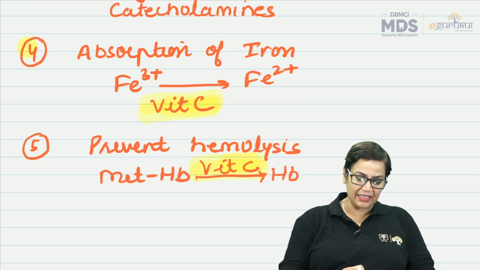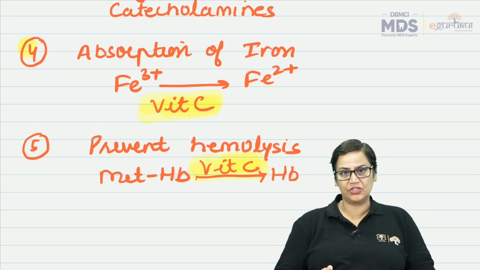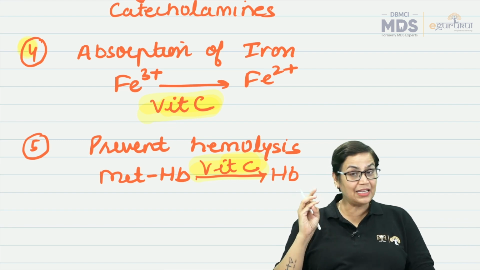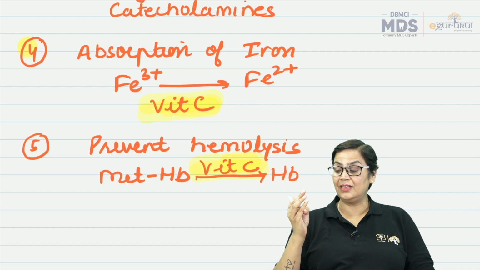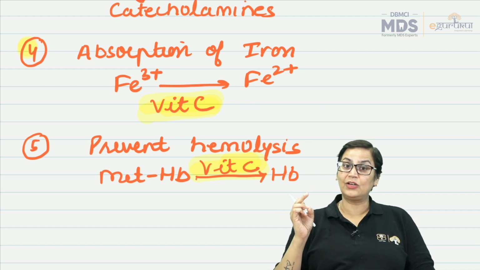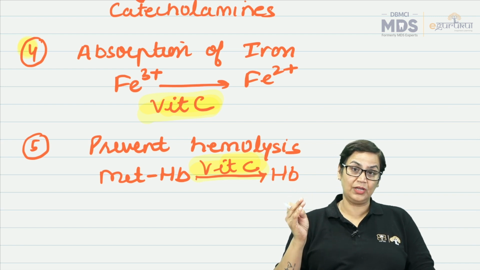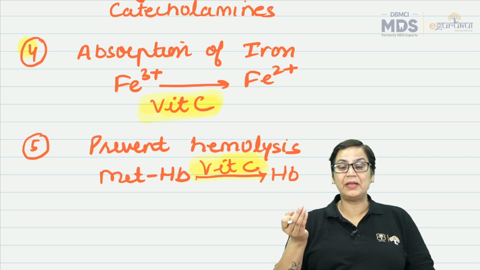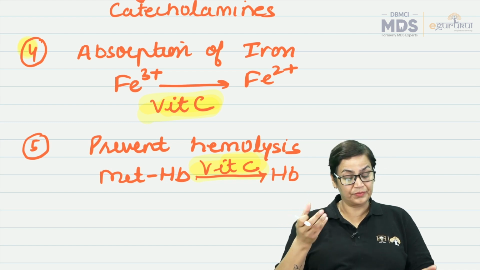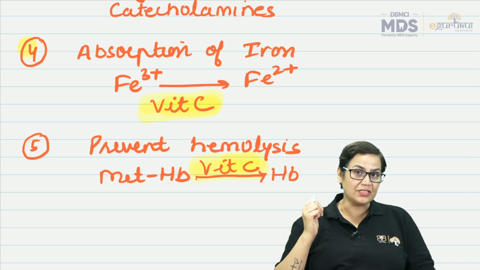So you can see that there are so many important functions. I can say in collagen synthesis, in catecholamine synthesis, in absorption of iron, in formation of melatonin, in formation of serotonin. And it converts methemoglobin to hemoglobin. So it is preventing the hemolysis also. So these are the functions.